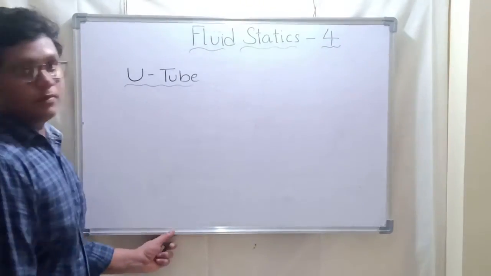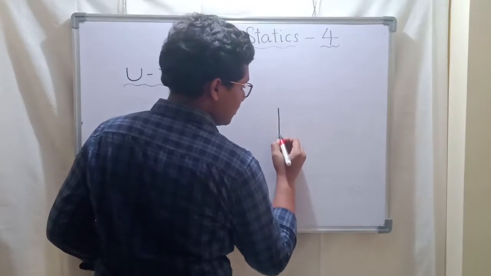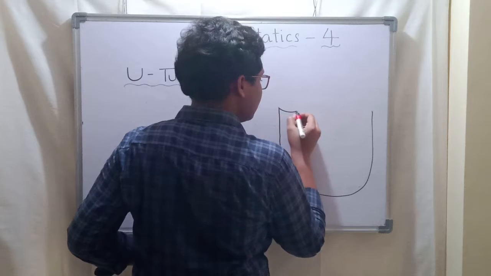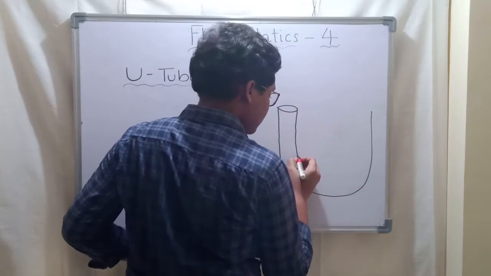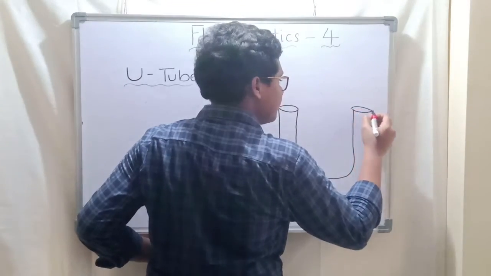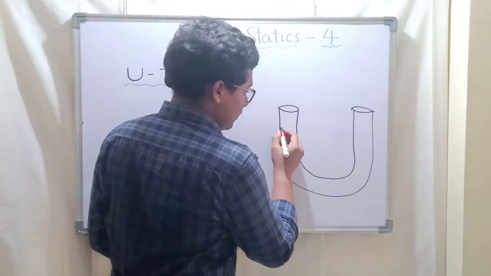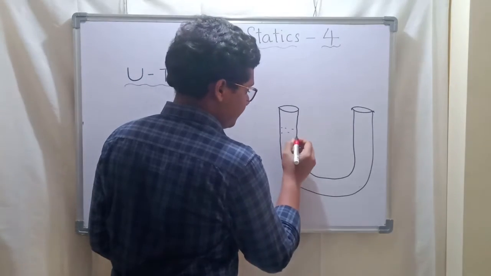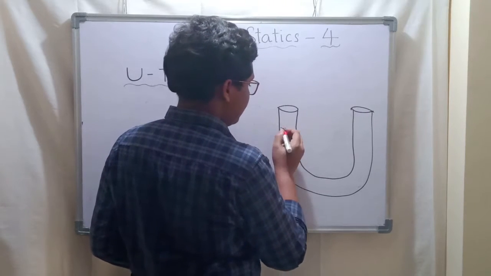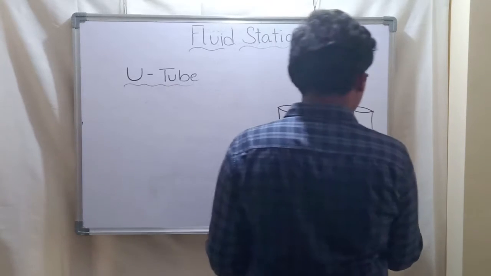Now, U-tube, pressure distribution in a U-shaped tube. See, we will take a U-shaped tube. This is a U-shaped tube, and this is filled with some liquid of density rho.